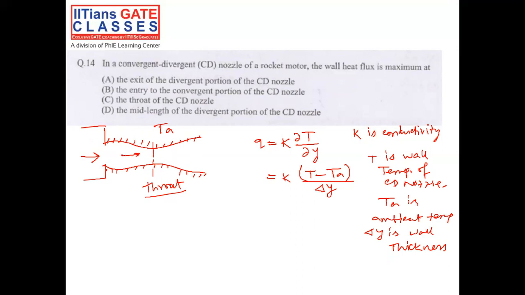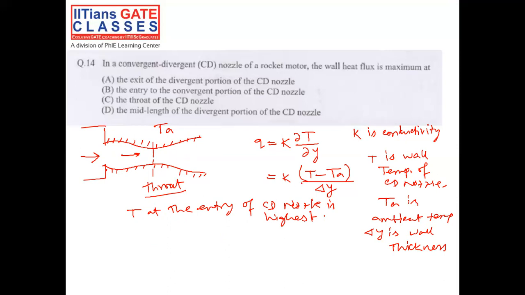So as the flow moves inside the CD nozzle, the temperature of the flow decreases, and hence the temperature at the entry of the convergent divergent nozzle is highest. So T at the entry of the CD nozzle is highest, and as the flow moves, the temperature gradually decreases.